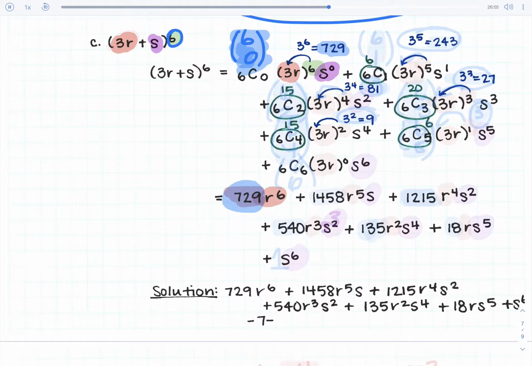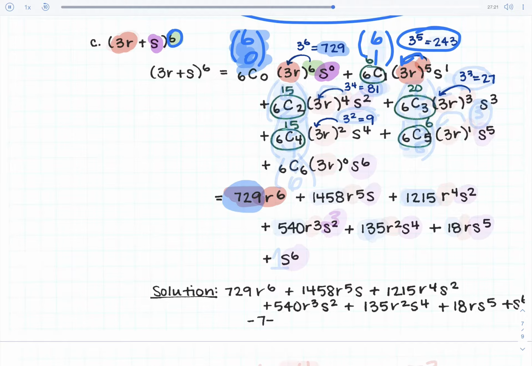Then you'd have to do your 3r. We're working our way down from the 6th down to the 5th, which means you'd have to start off by looking at what is 3 to the 5th. Well, 3 to the 5th is 243. But that's not what we put out in front. You still have to do your combination, which is 6 and a 1. Well, 6 and 1 gets you 6.